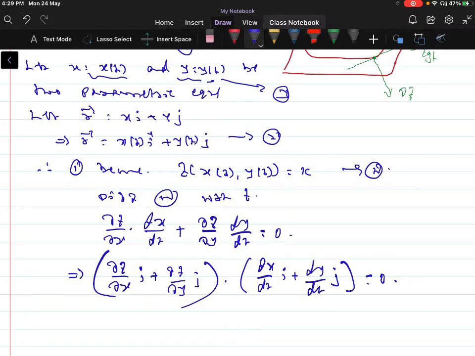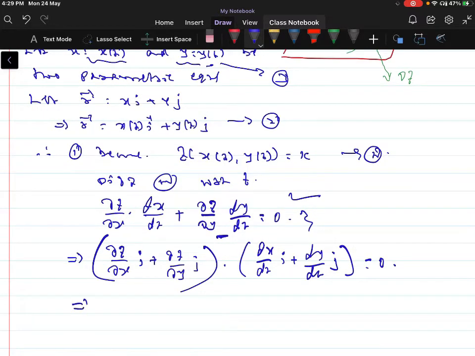When you multiply these two vectors, get back to this. So ∂f/∂x into dx/dt, where i dot i is 1. So you have to multiply component-wise here. ∂f/∂y into dy/dt, which is this, and j dot j is 1. Okay, so this equation can be written in the vector form.